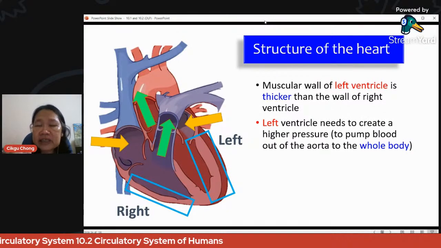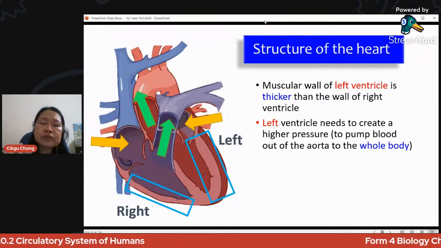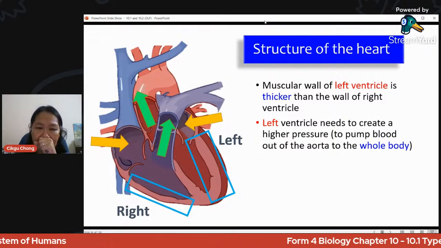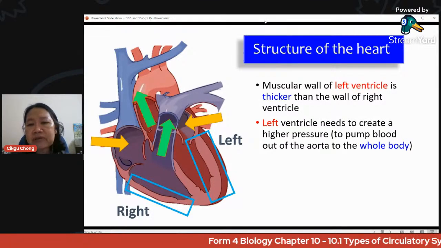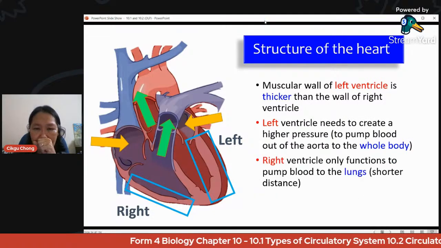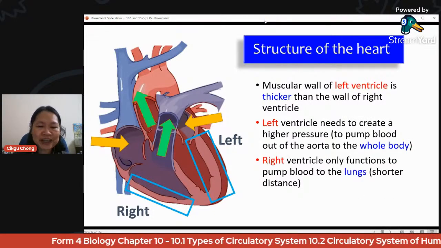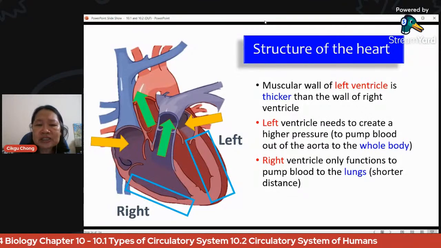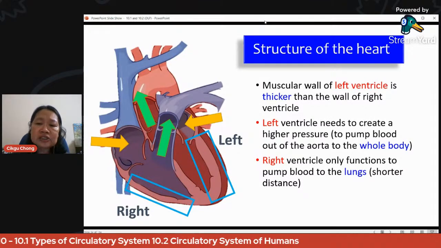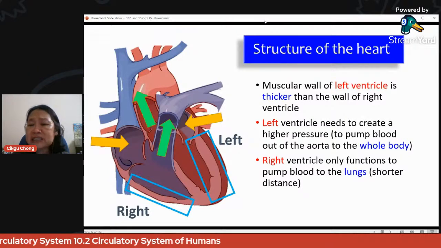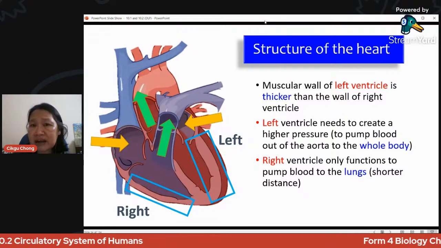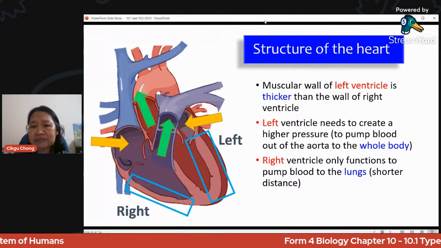It can press harder, it will produce higher pressure, and the blood can move up at higher pressure. The right ventricle only functions to pump blood to a short distance only, which is to the lung. So it doesn't have to go very far.